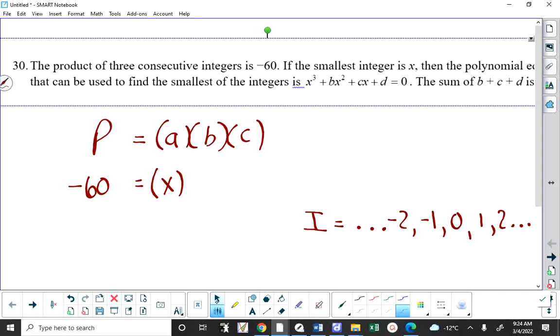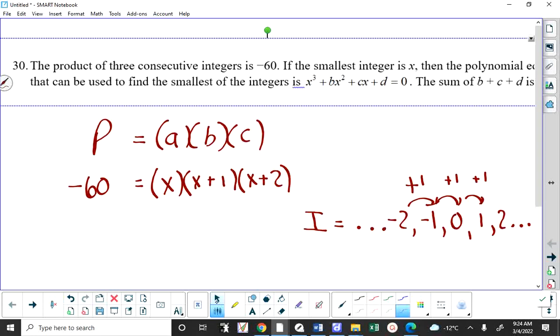And the thing that's important is consecutive means one after the other, and these all differ by 1. So I don't care what any integers are if they're consecutive. To go from one of the integers to the next consecutive integer, you add 1. And that means that the next integer would be x plus 1, and the next integer would be x plus 2.